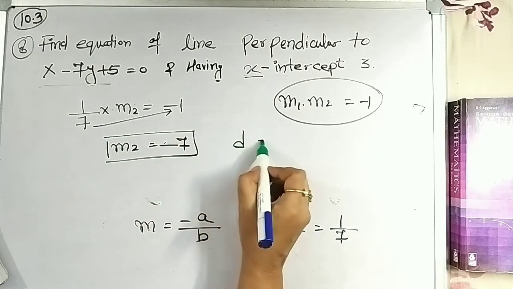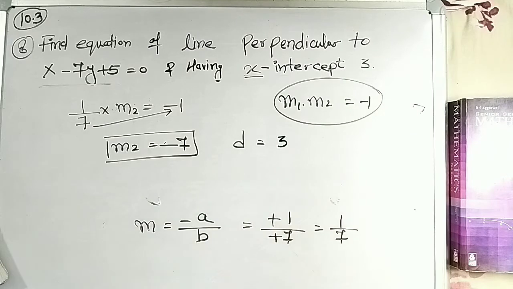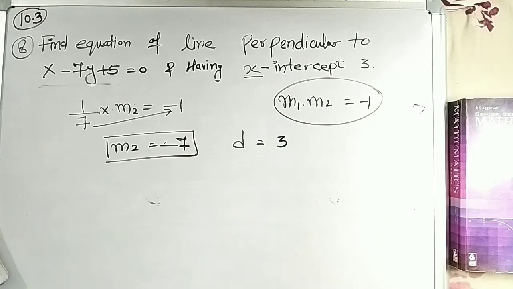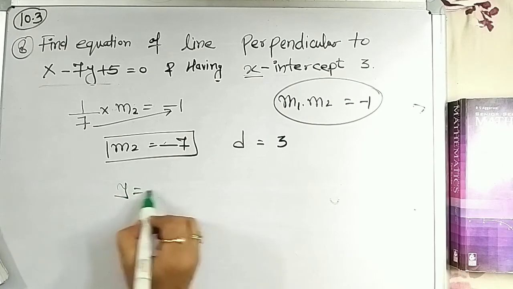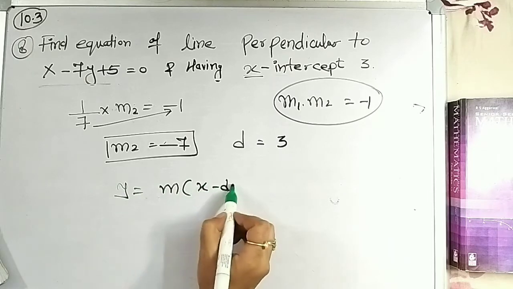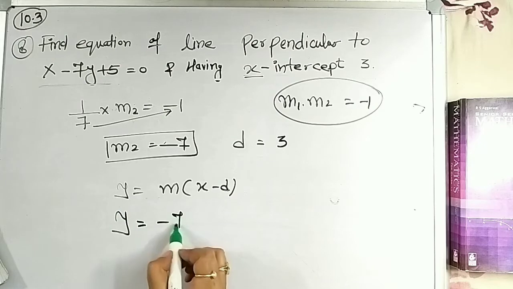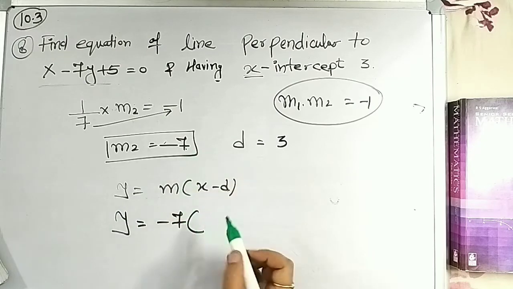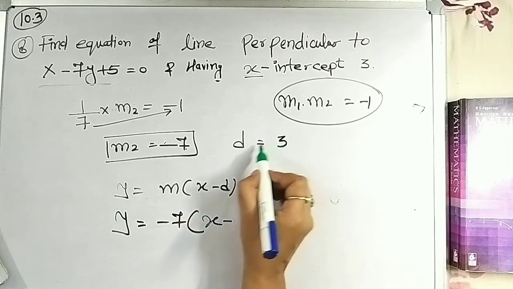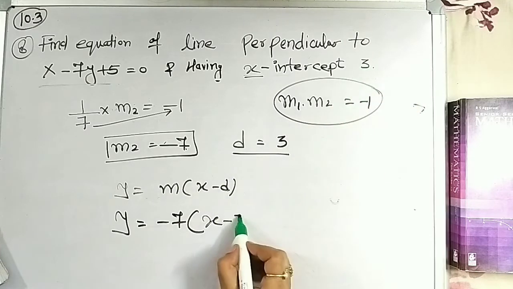And x-intercept is given, which is 3. Now I have to just apply the formula, which is y is equal to mx minus d. So y, m is minus 7, m I got, x minus d, d is 3. It is given in the question.